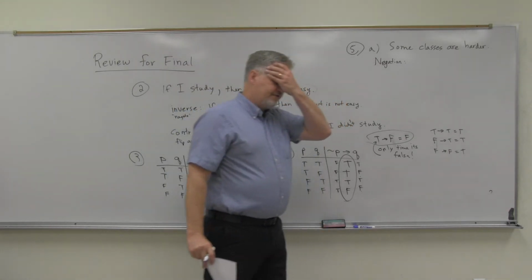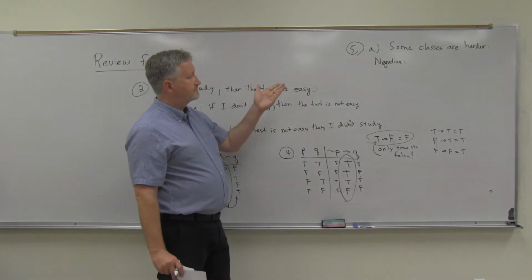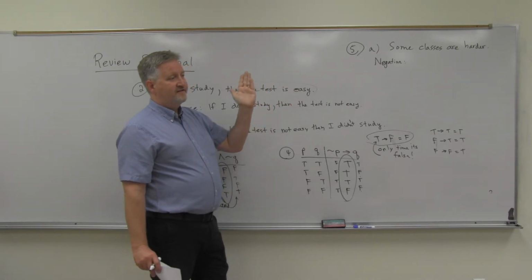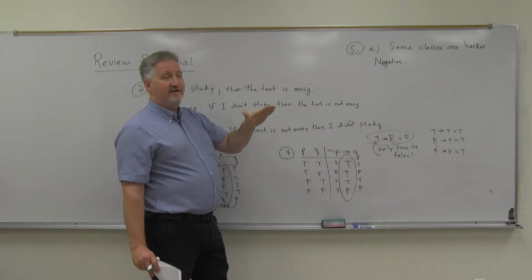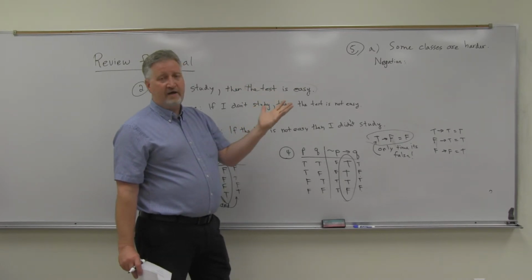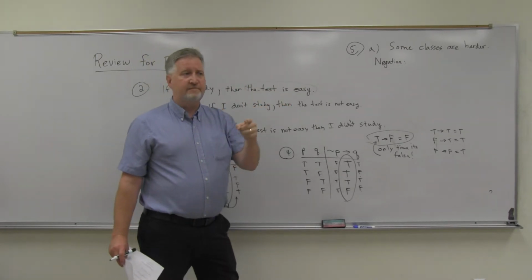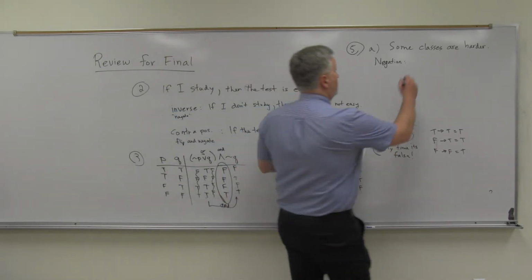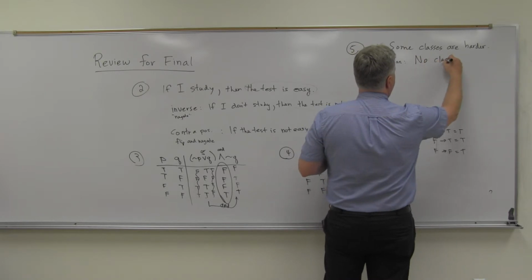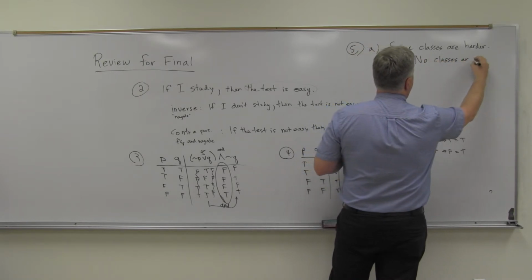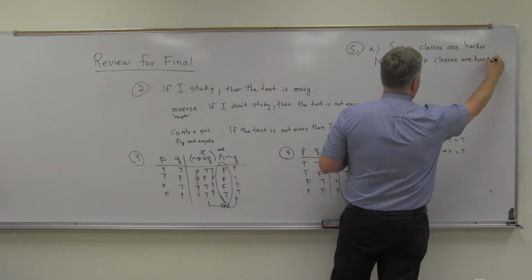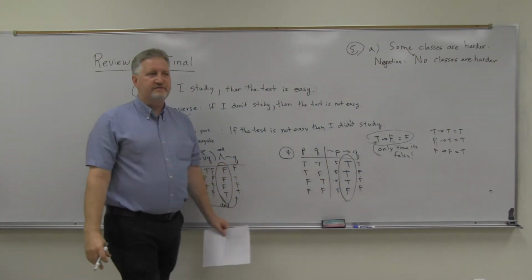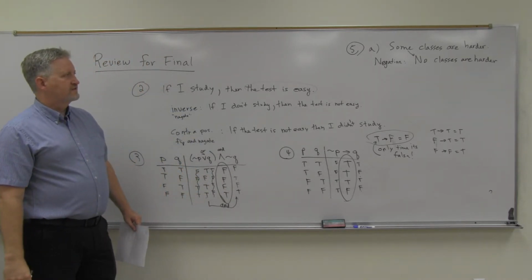What you have to remember is the negation of some is not, some are not. Some classes are not hard. That would not negate this. You remember what the negation of it is? None. It's just none. No classes are hard. So the negation of some is no, or none. None is the better word. So be careful on that.